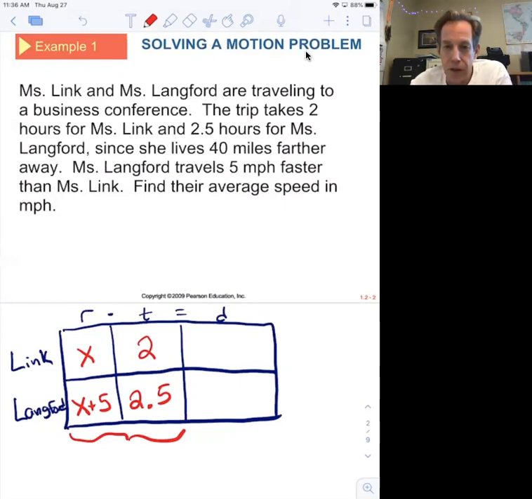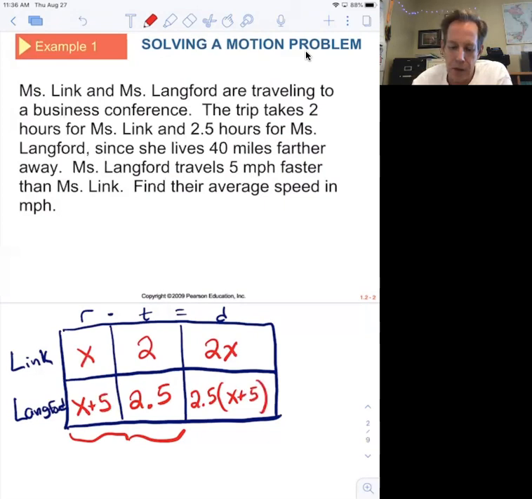The distance column is always just multiplying these 2 columns together. So Miss Link's distance is 2x, and Miss Langford's distance is 2.5 times x plus 5.